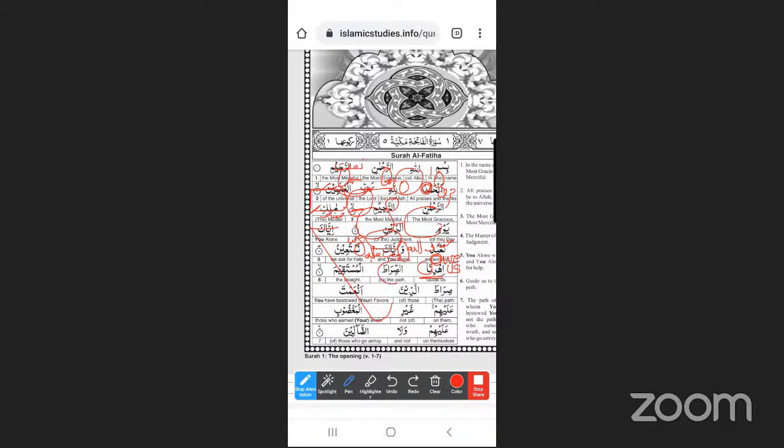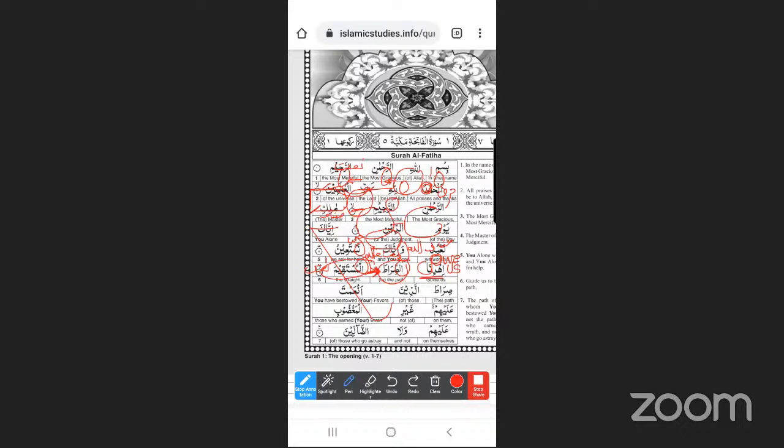So this is mansub, and this is na'at, adjective. Is al the same? Yes. Singular is the same. Masculine is the same. And case ending, sirata, mustaqima. So this is mansub, na'at. This is explaining it. Case ending, number, gender, indefinite are the same. To guide us to which path? Straight path. The straight is telling the quality of the path.